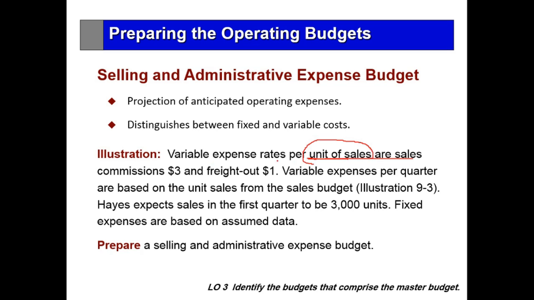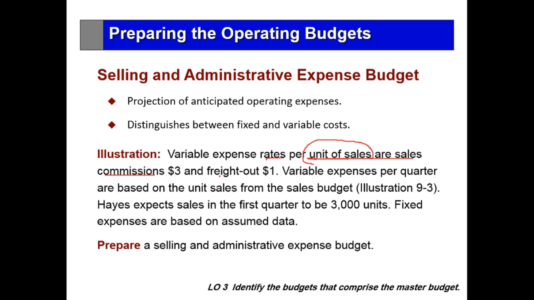Here the variable expense rates per unit of sales are commissions of $3 per unit of sale. For every unit of sale we charge the selling and administrative expense budget with a commission of $3.